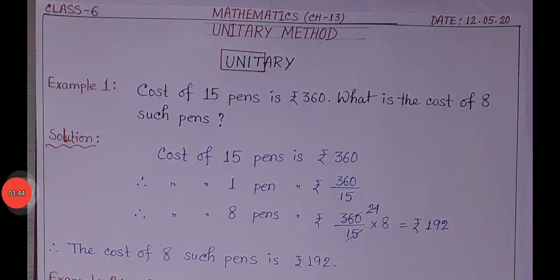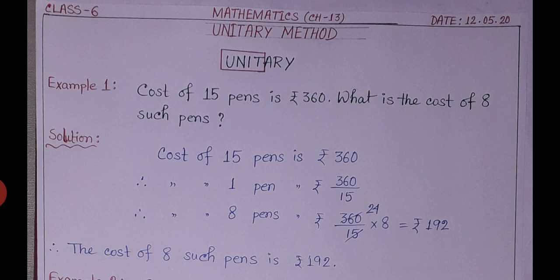Now, cancelling 15 from the numerator and the denominator, we shall get 24, and after that 24 multiplied by 8 is rupees 192. So, the cost of 8 such pens is rupees 192.